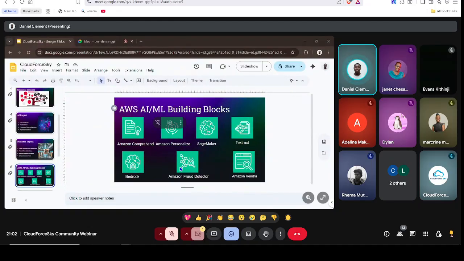So first of all, we have AWS Comprehend. I quite mentioned sentiment analysis. So AWS Comprehend helps in what? In natural language processing. That goes further in sentiment analysis and also topic modeling.